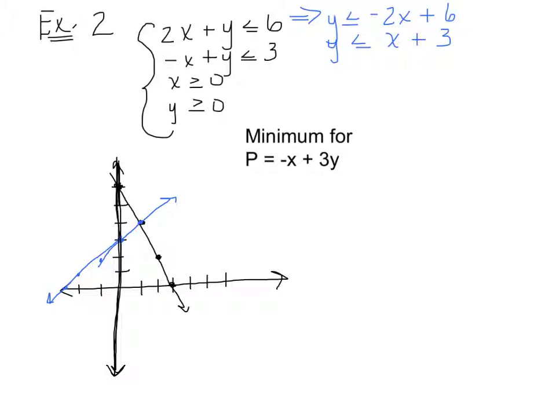And then my last line is a horizontal line at 0, and we would shade everything above. So my feasible region will be this area right here.